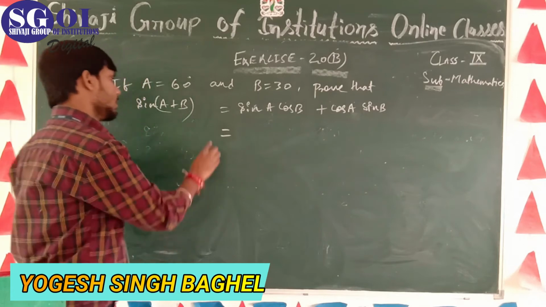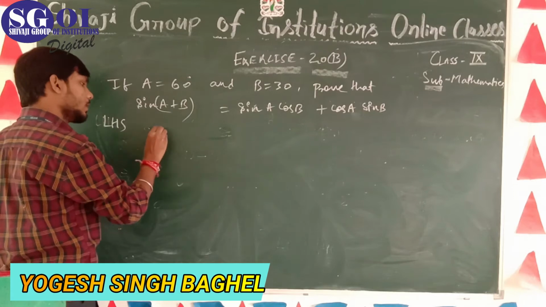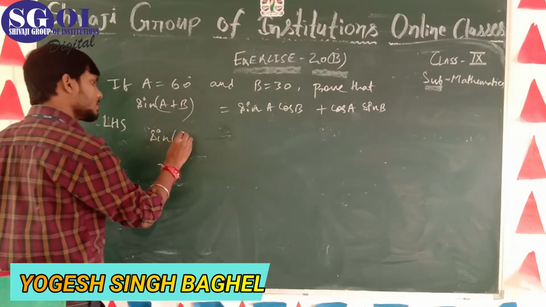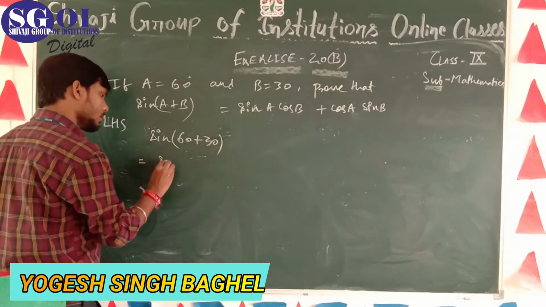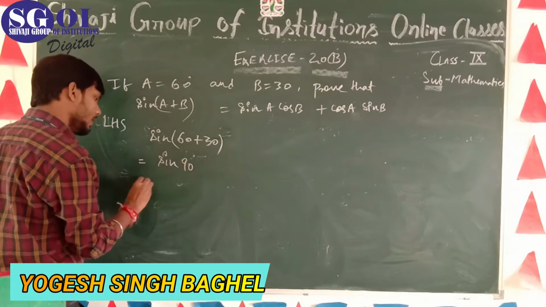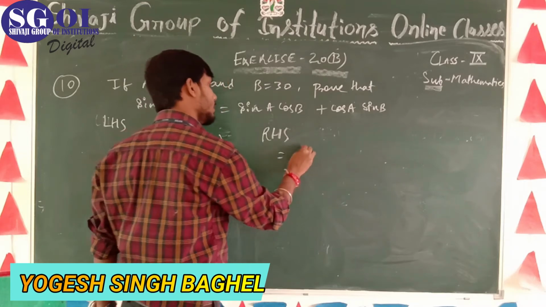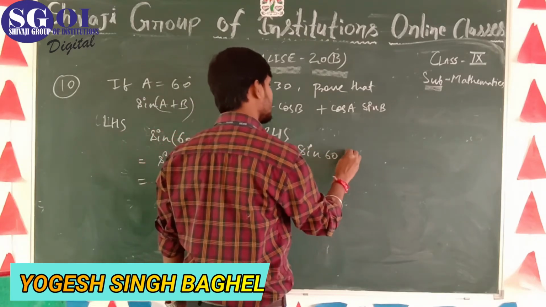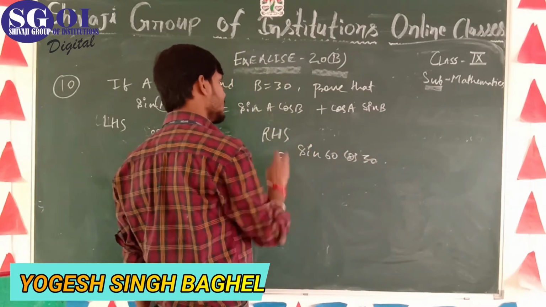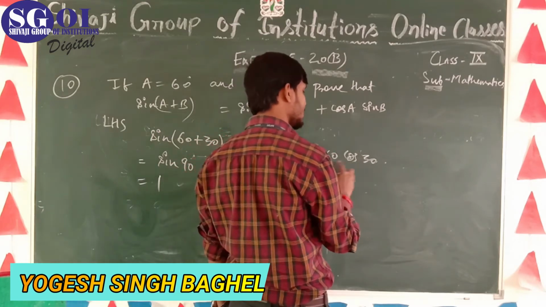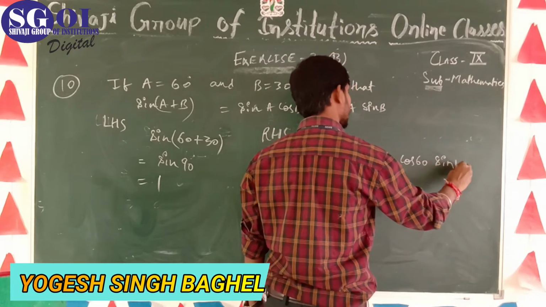So first we solve LHS. In LHS, sin(A plus B), A is 60 degrees, B is 30 degrees, so sin 90, and sin 90 value is 1. Now RHS: sin 60 cos 30 plus cos 60 sin 30, because angle B is given 30 degrees and angle A is given 60 degrees.